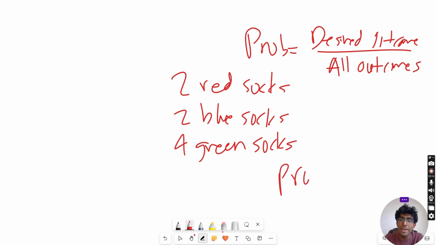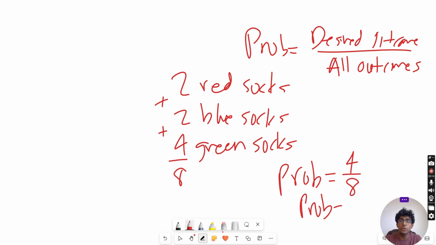There are 4 of them, so we could pick any one of the 4 over your total number of outcomes, right? Out of all the socks in the drawer, we have 2 red, 2 blue, and 4 green. We can add those up and we get 8 socks in total. So the probability of pulling out a green sock would be 1 over 2. That's an example.